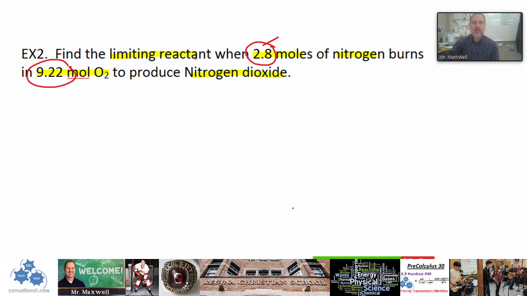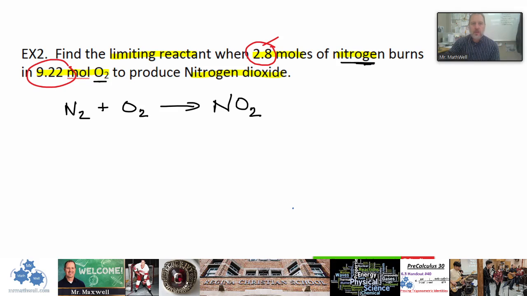So let's write the properly written chemical equation. Nitrogen burns in oxygen. Remember, nitrogen is part of the diatomic 7, so it's going to be N2. Burning in oxygen is simply plus O2. And we're going to produce nitrogen dioxide, di is 2.